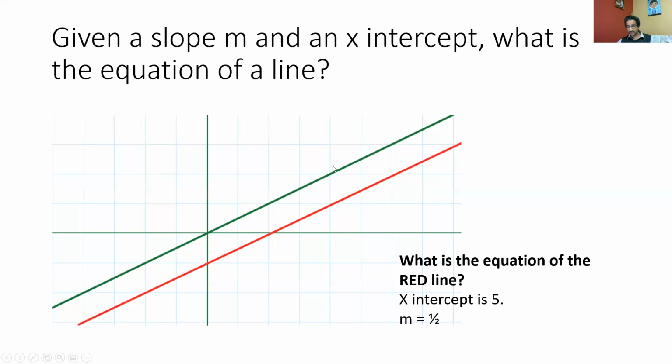If it has to become the green line, what operation do you do on this x on the red line? So this point here, it has to move how many points to the left?